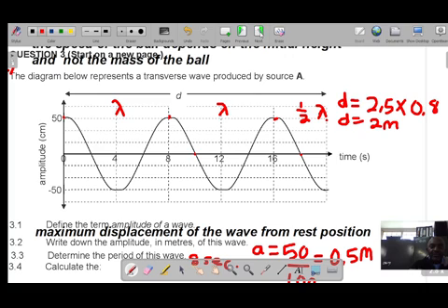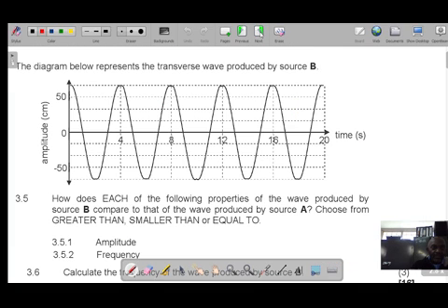Next we have, they said that the diagram below represents a transverse wave produced by source B. How does each of the following properties of the wave produced by source B compare to that of the wave produced by source A? Choose from greater than, smaller than, or equals to. Number 1 is amplitude.